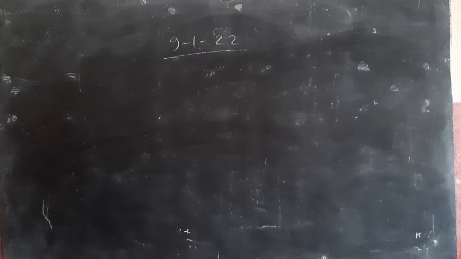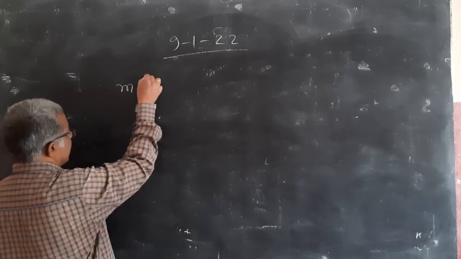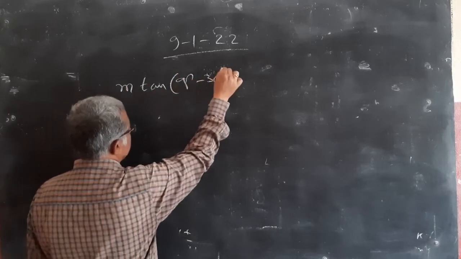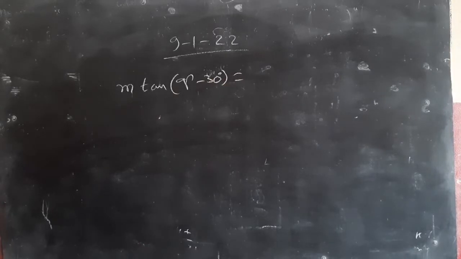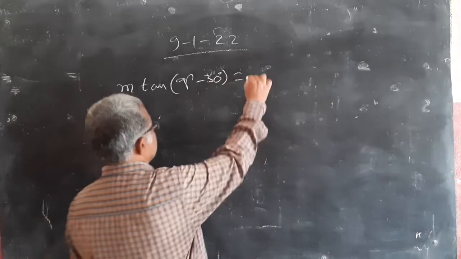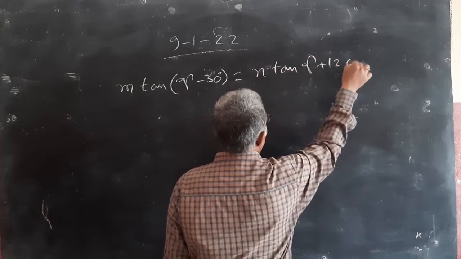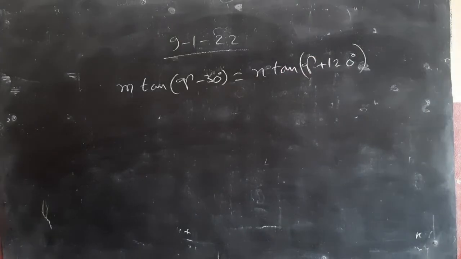Next also same as it is, you can go for componendo dividendo. m tan of q minus 30 equal to n tan of q plus 120.